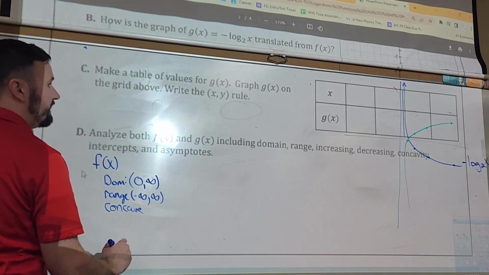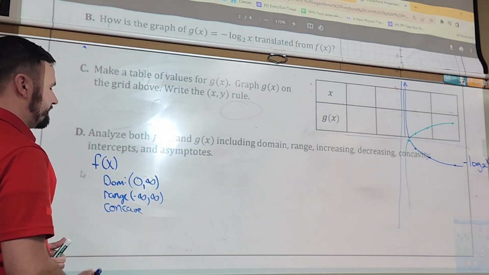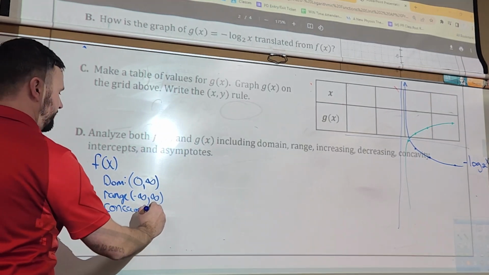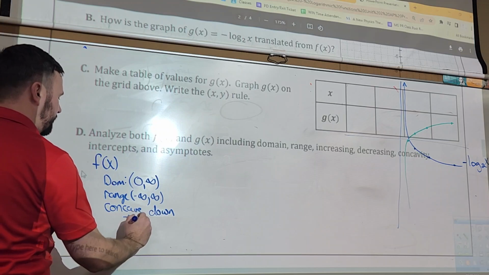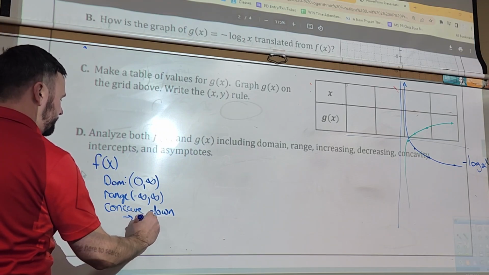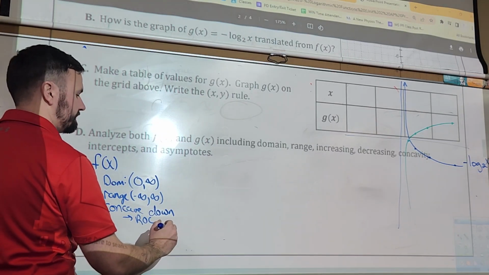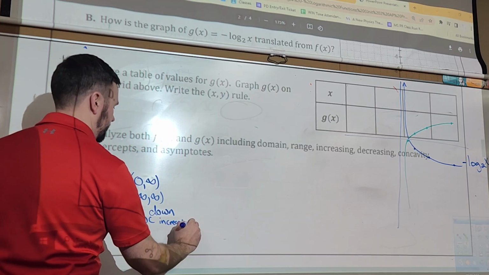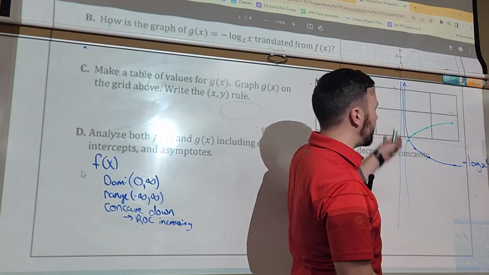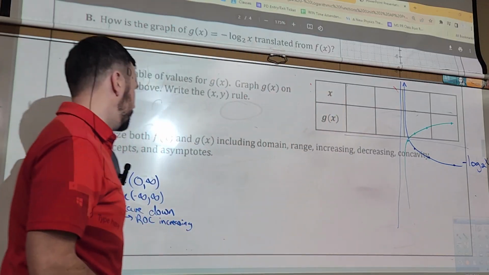Oh, it's the green one. I messed up. So that'd be concave down. And if you're concave down, what's that mean about your rate of change? Increasing. Because remember, this is super negative and this is less negative, right? So you're increasing.